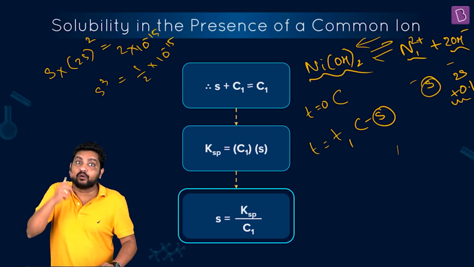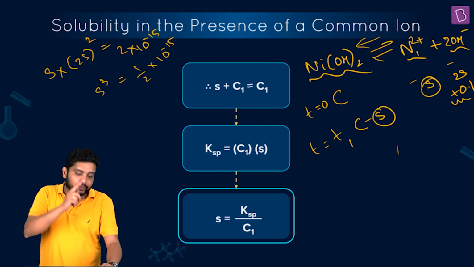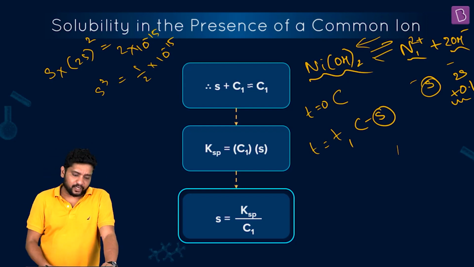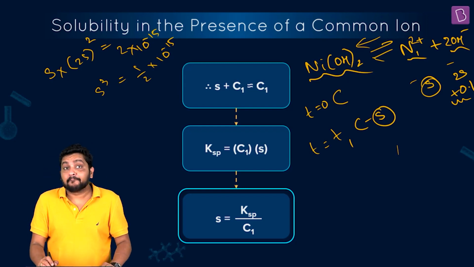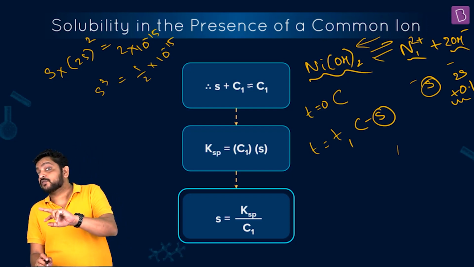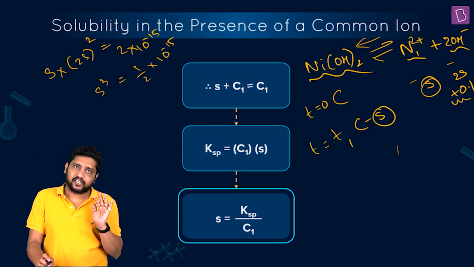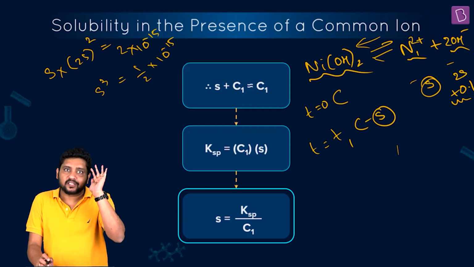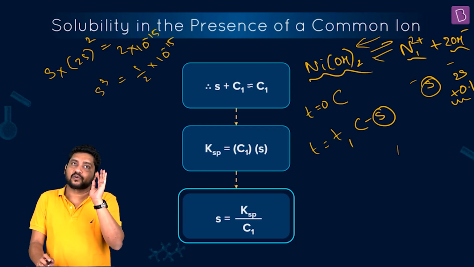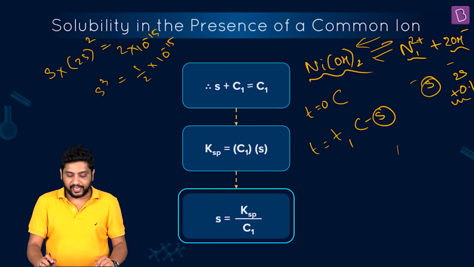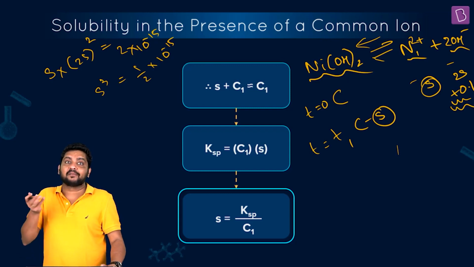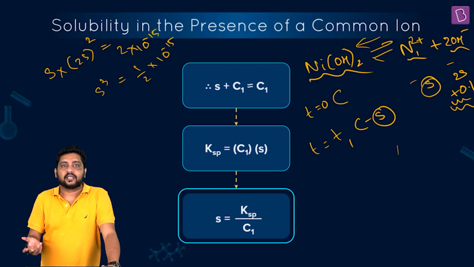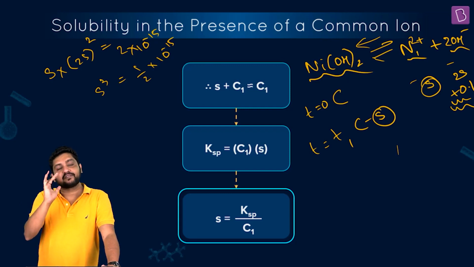But if that was the case, OH minus would have been 2 into 10 to the power minus 5 roughly. But 2 into 10 to the power minus 5 molar is 0.00002, 4 zeros and 2. And this is already 0.1 molar available from NaOH. Obviously, this 2 into 10 to the power minus 5 can be neglected.